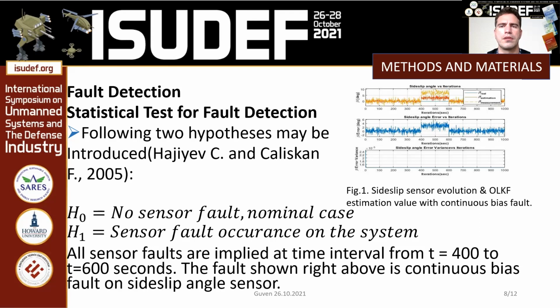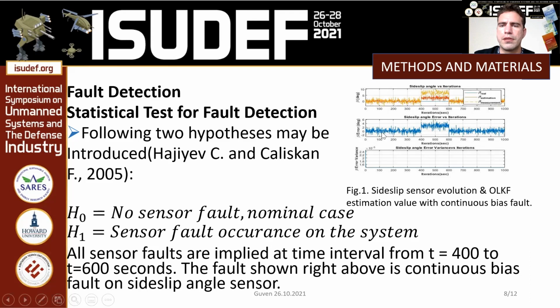In our study, the fault is implemented in the time period t equals 400 to 600 seconds. On the graph, you can see the Kalman filter measurements are malfunctioned, and also our optimal linear Kalman filter doesn't give the right values, which is beta real, the blue one.